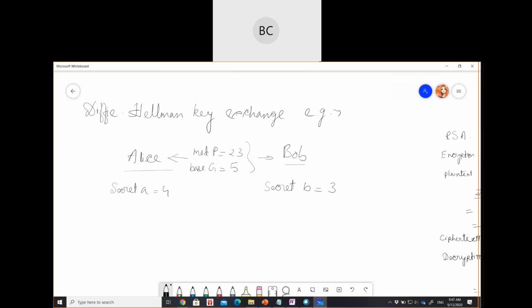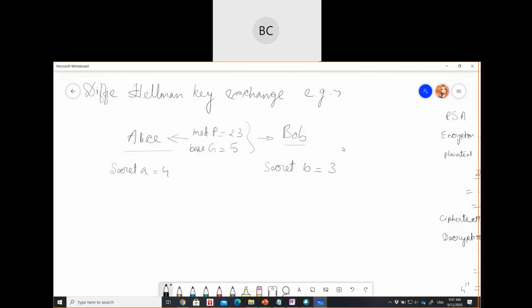Normally this P and G are both prime numbers. So both P and G will be prime numbers and available to both Alice and Bob. And they will have their own secrets. These secrets are not known to each other. It's just their own secret.